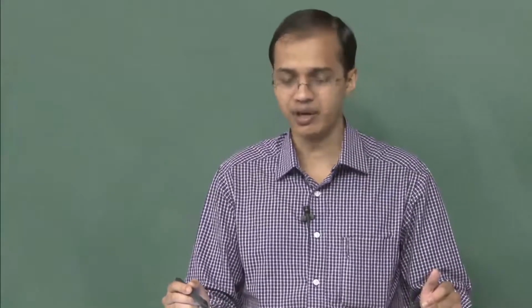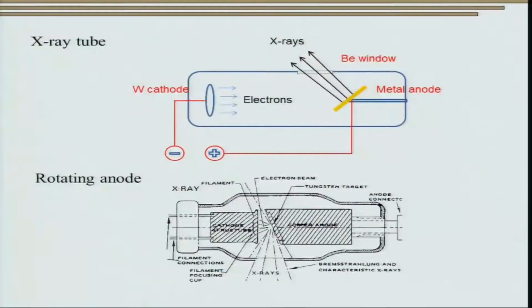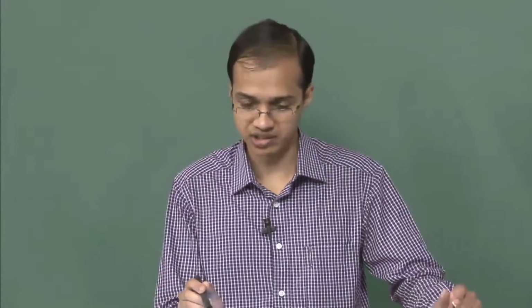So, an X-ray tube essentially comprises of electrons which are accelerated towards a metal anode. All of us know that electrons which are emitted because of thermionic emission travel and hit the metal target and produce X-rays. I am not going to go into the details of X-ray generation, but I will touch upon it in a later slide.